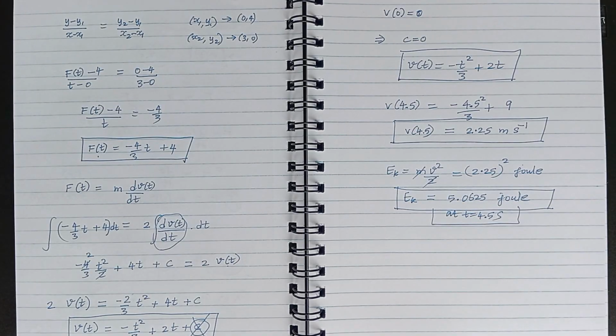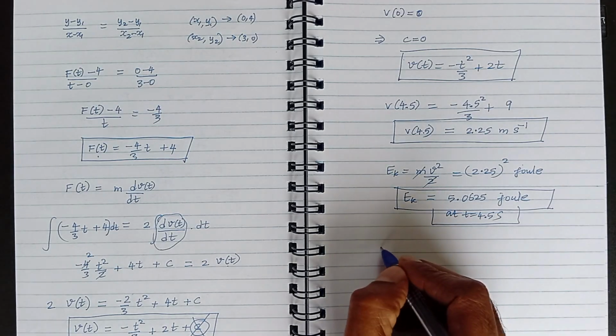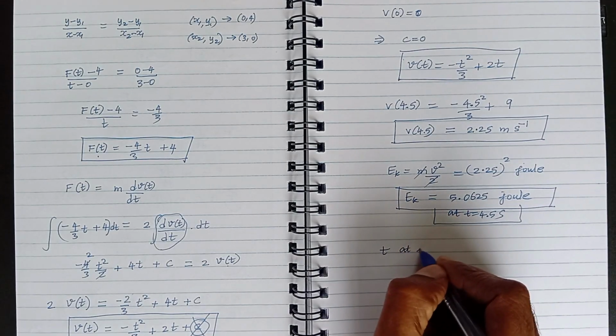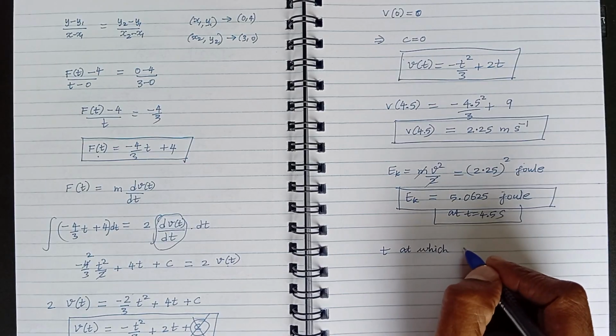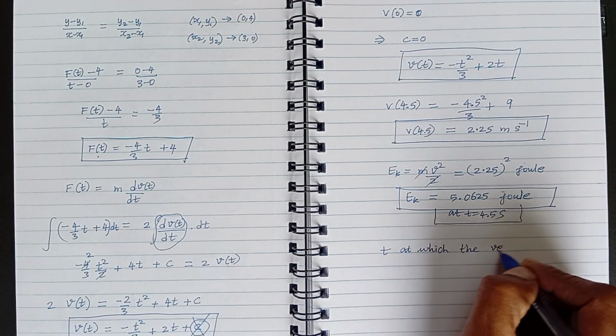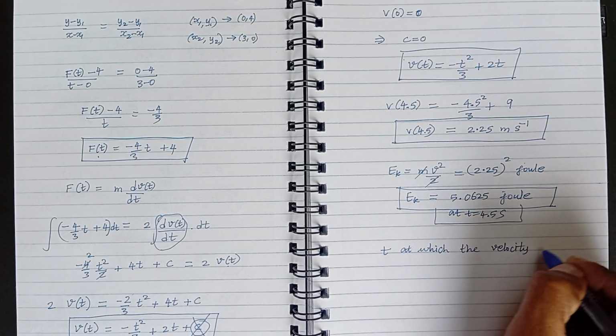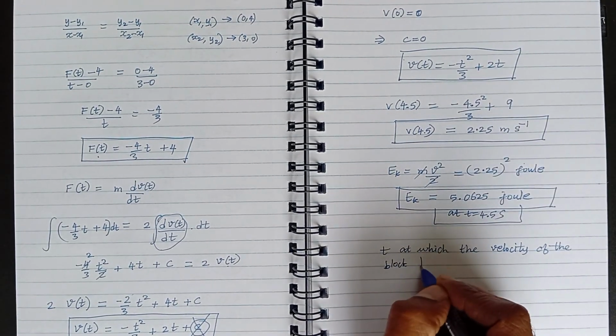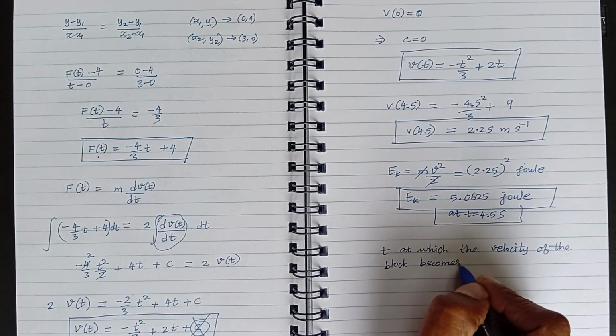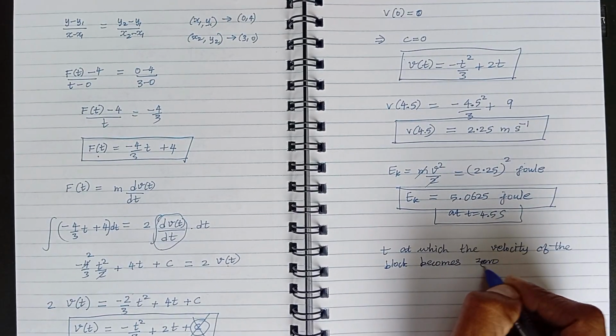So now that we have solved this problem, let's do just one quick thing before we conclude. Can we try to find the time at which this block comes to rest? I mean, at which the velocity of this block reaches 0. Can we try this one?